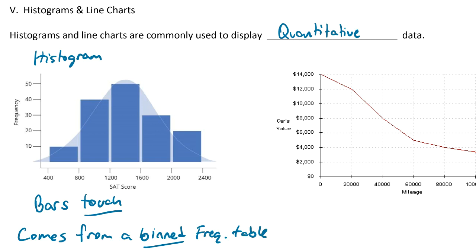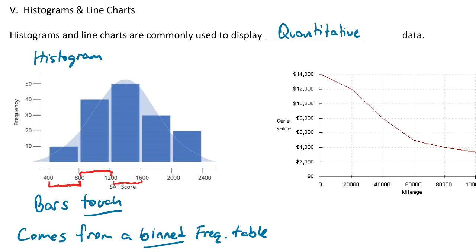All right, so you can clearly see that this first bar is the scores from 400 to 800. The second bar is the scores from 800 to 1200, and so on. Each of these is an entire bin of scores that's being counted. Right?